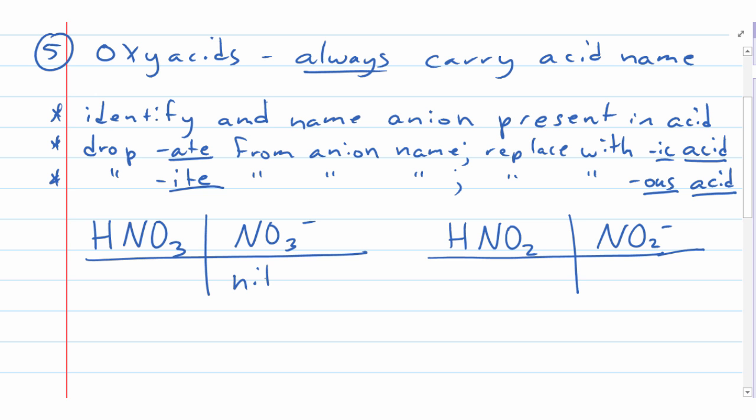This is the nitrate ion. This one over here is the nitrite ion. To come up with the name of the acid, we drop the ATE suffix from the anion name and replace it with IC acid.